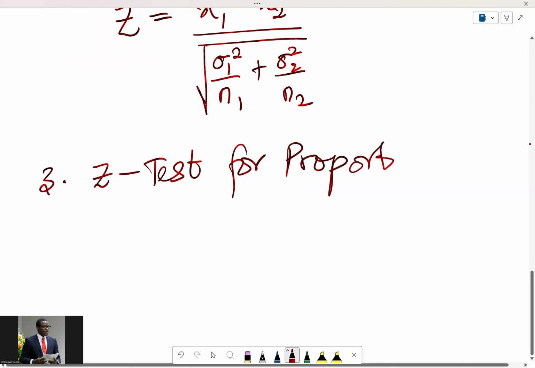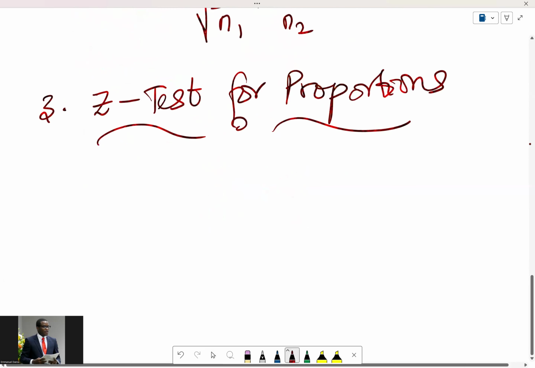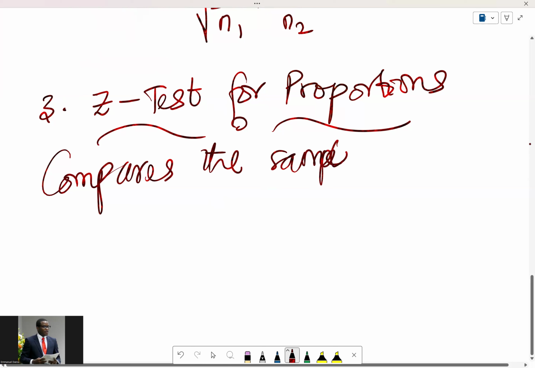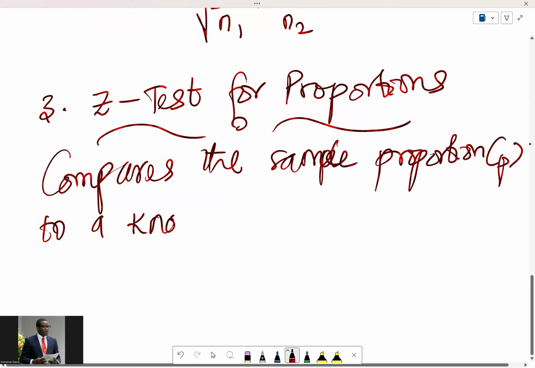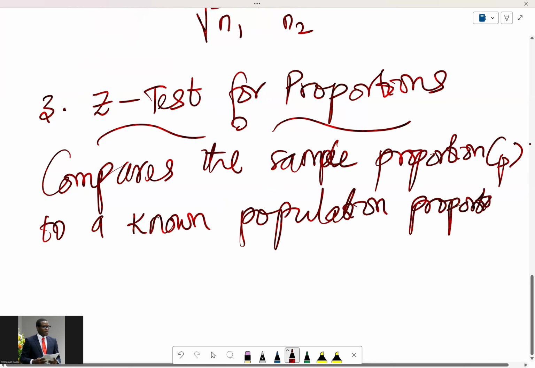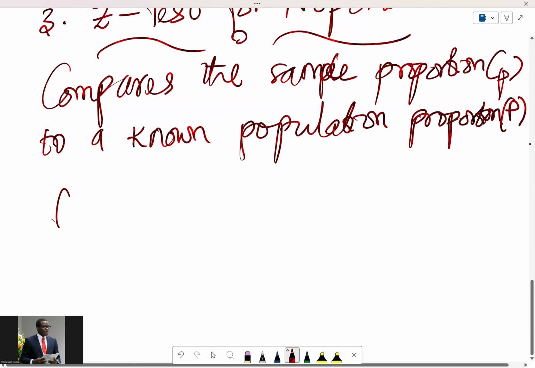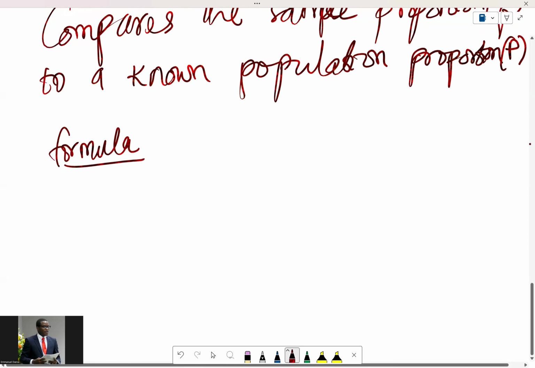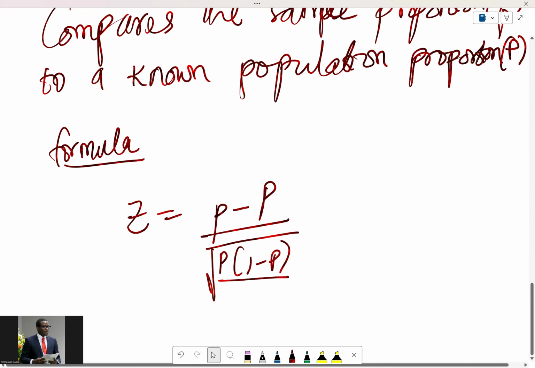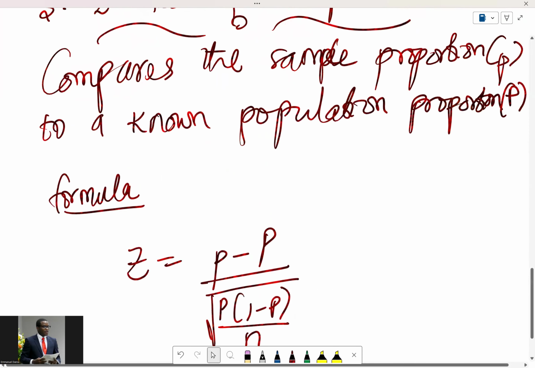This compares the sample proportion, which is a small p, to a known population proportion, which you can regard as big P. So in that case, the formula is Z equals small p minus big P divided by square root of big P into 1 minus big P all over n. So that is number three, Z test for proportions.